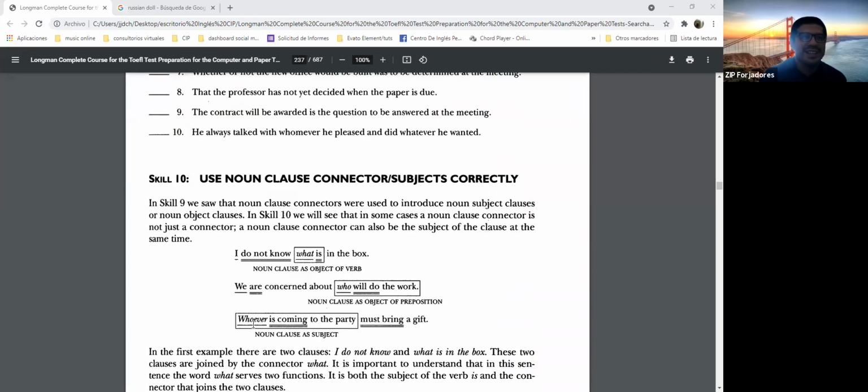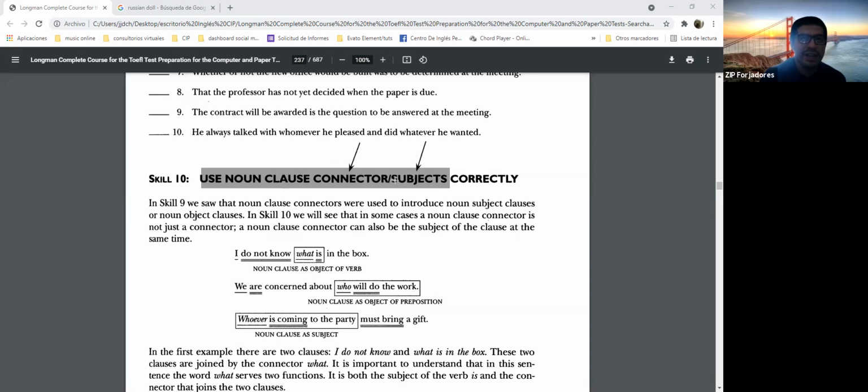That is the same, but now this is very, very important to differentiate from the one that it was before, because these connectors are going to be subjects also. So they have two functions. They function as a connector and as the subject.